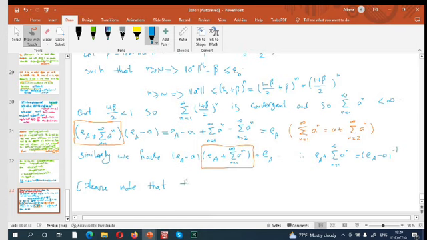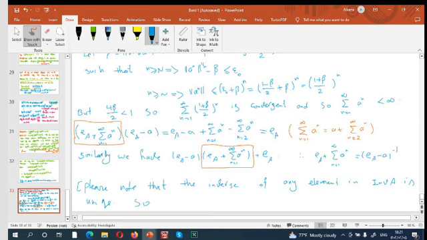The inverse of any element in this set is unique.